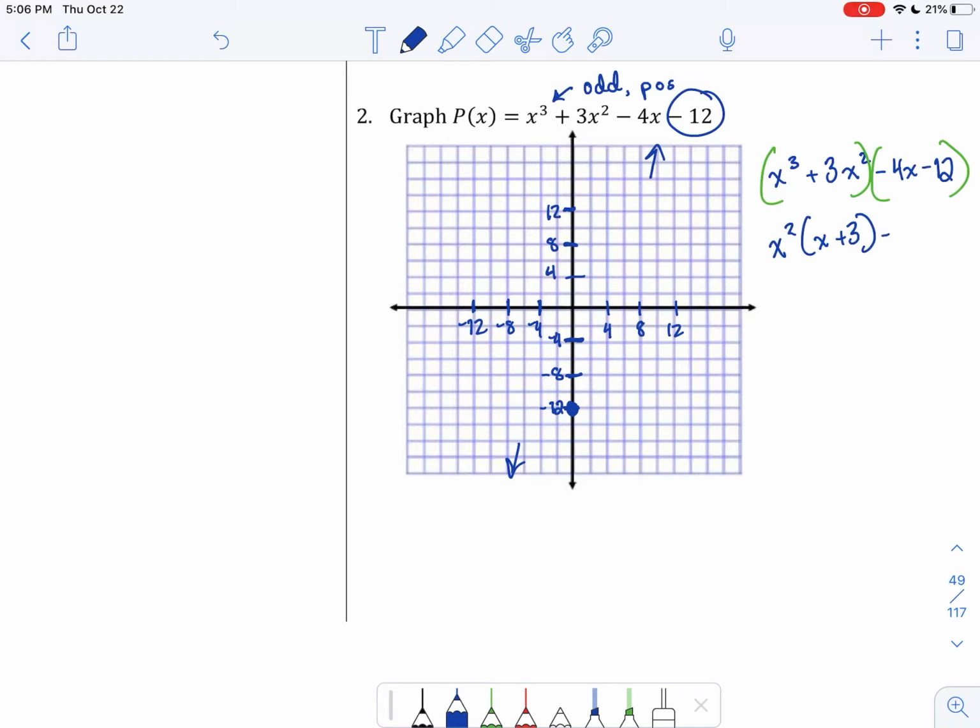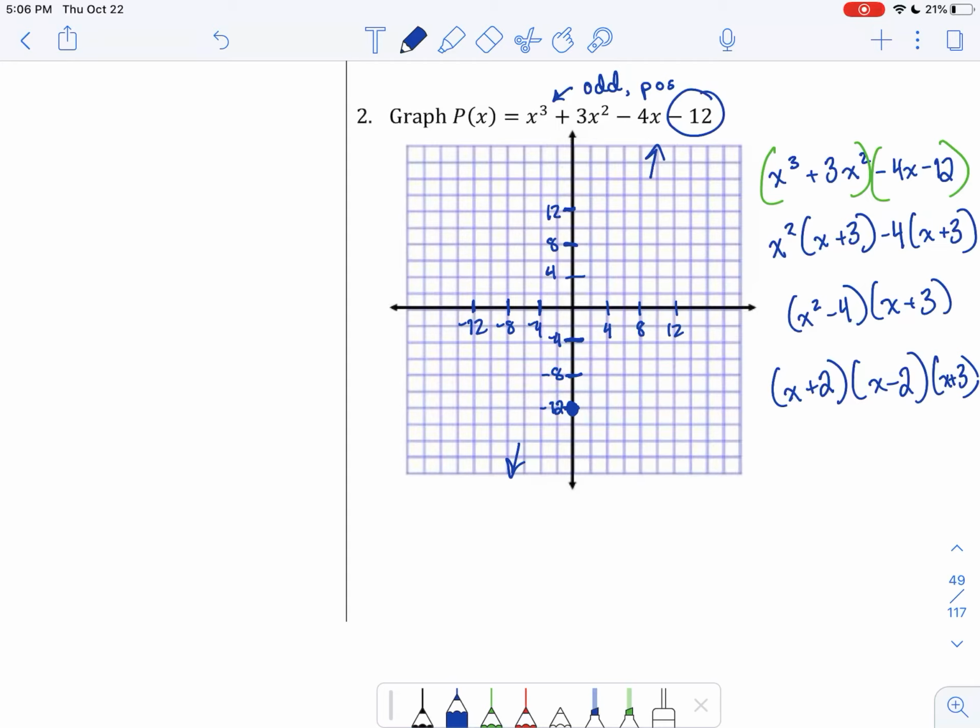And the common factor between negative 4x and negative 12 is negative 4. And then we also get x plus 3, so that we know we have factored correctly. We have x squared minus 4 times x plus 3. Again, a difference of squares, x plus 2 times x minus 2 times x plus 3.